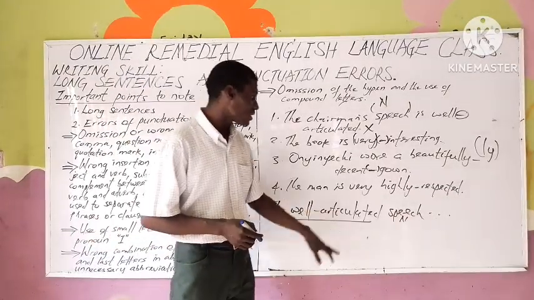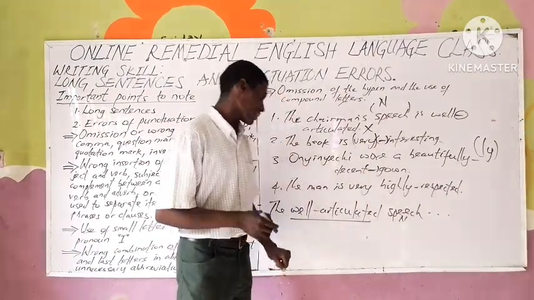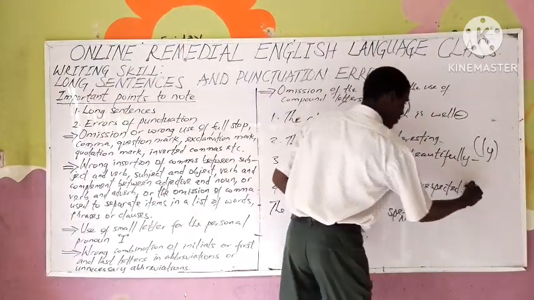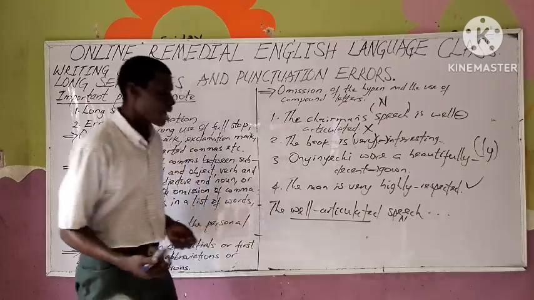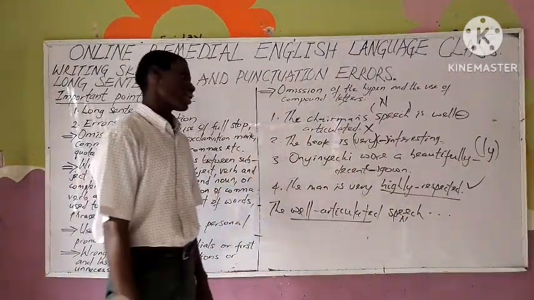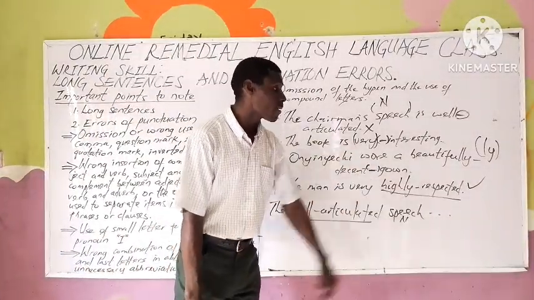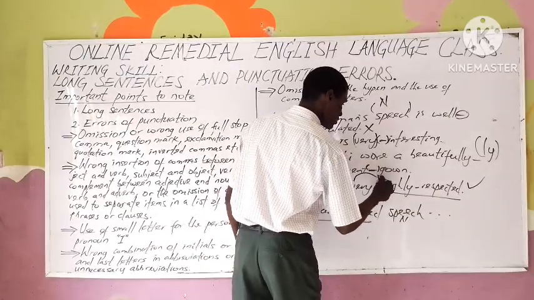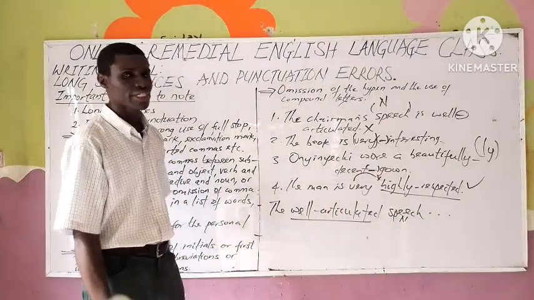The man is very highly respected. What if I tell you that this is absolutely correct? Now look at these two compound adjectives. This is just showing us the degree.